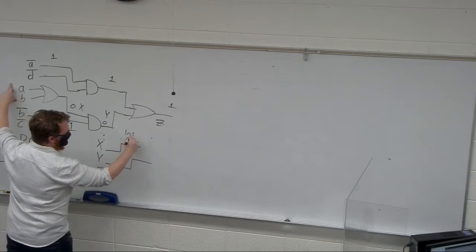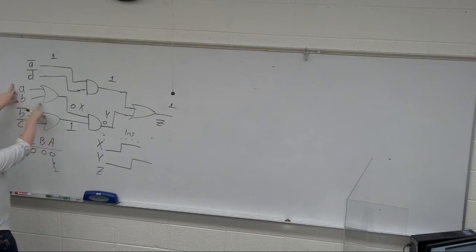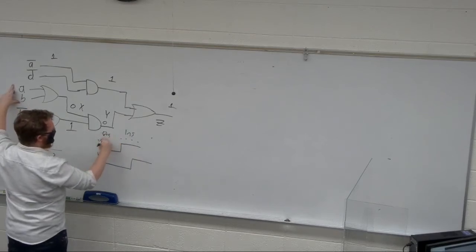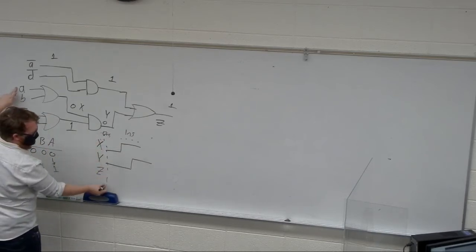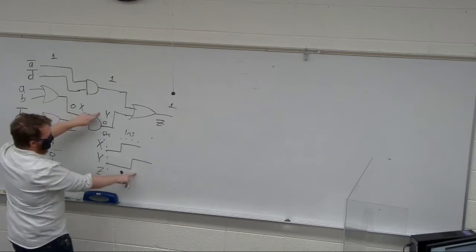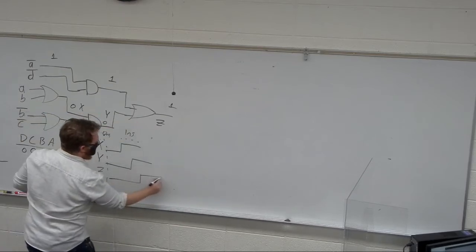So this is 0 nanoseconds, which is when A changes. So A changes at time 0. 1 nanosecond later, X changes. 1 nanosecond later, Y changes. And 1 nanosecond later, Z changes.